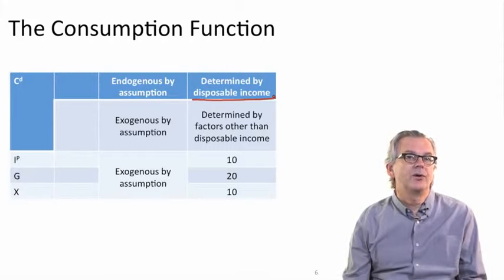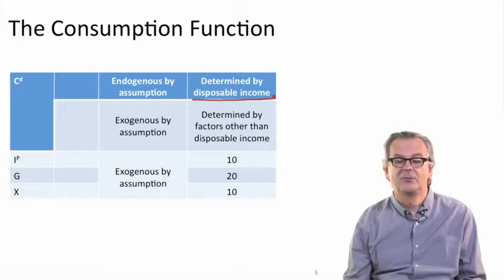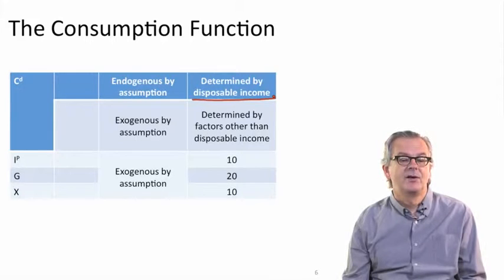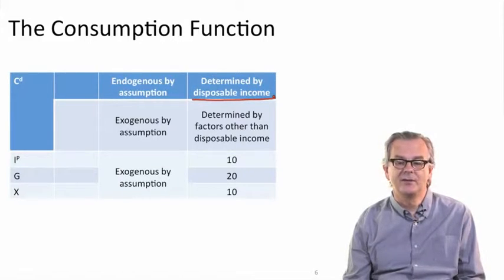There's going to be an important component of households' consumption spending which is directly influenced by disposable income. That is going to be endogenous, because we will be able to say something about that part of household consumption from within the model.